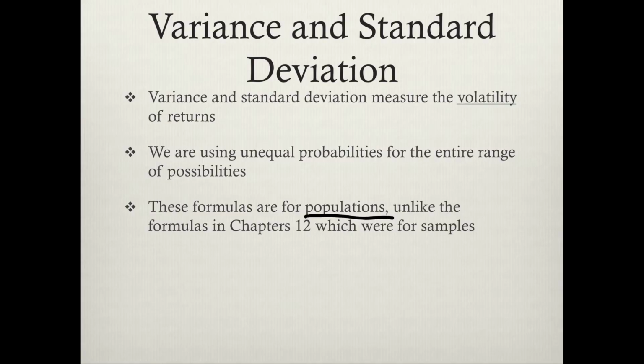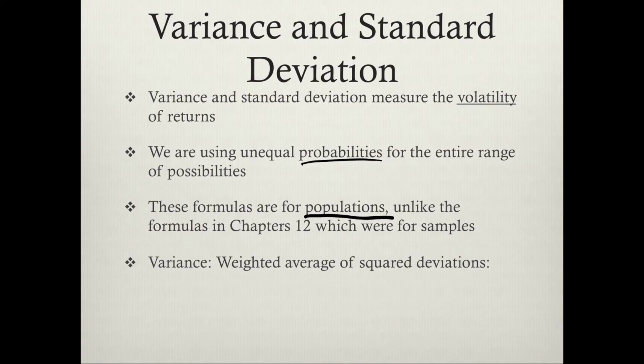And the way that we are able to do this is, if you remember in Chapter 12, when we calculated variance, we took the sum of the squared deviations from the mean and divided by n minus 1. We don't have to divide by n minus 1 when we are dealing with populations, because with populations what we're dealing with is probabilities, and those account for all the possible outcomes.